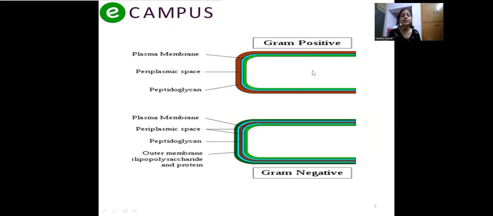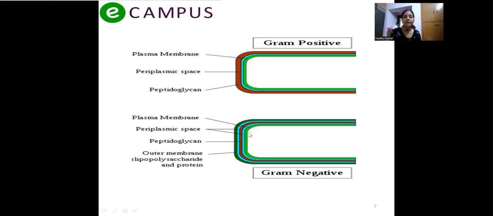This is the cell wall structure of gram positive and gram negative bacteria. See, this red color is the peptidoglycan layer, right? In gram positive bacteria this peptidoglycan layer is thick, whereas in gram negative bacteria it is thin, right? So this is the plasma membrane, this is the periplasmic space, and this is the peptidoglycan layer.